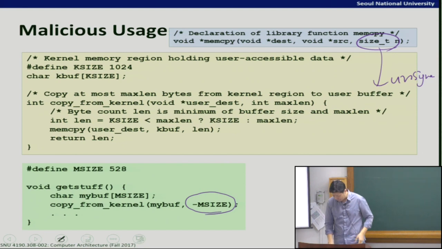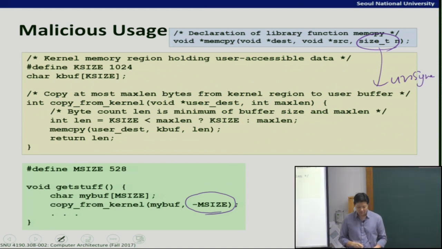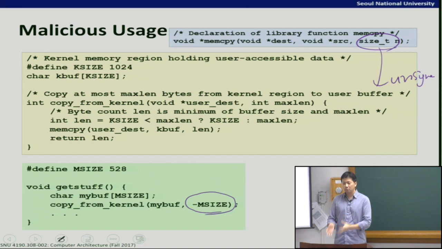So the problem in this code is that originally you intended to copy only a very limited region of kernel space. But if you provide this large number, then you end up dumping the entire kernel space into the user space. That's what's happening, right? So this is an example of how this number conversion can be problematic, because by exploiting this kind of vulnerability, you can access arbitrary memory in the kernel space. Okay, that's the problem.